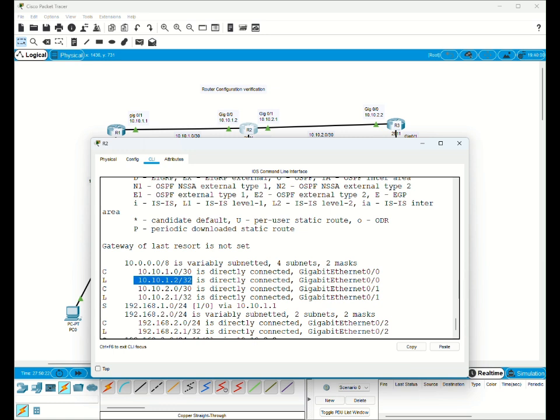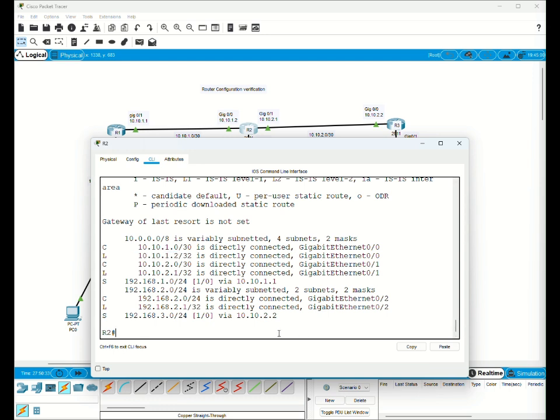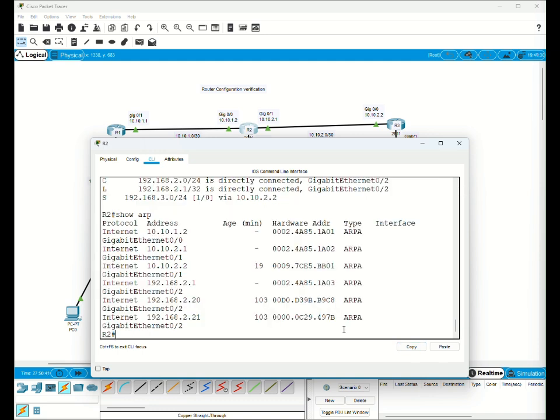Now let's check the ARP. So, hardware address, IP address.